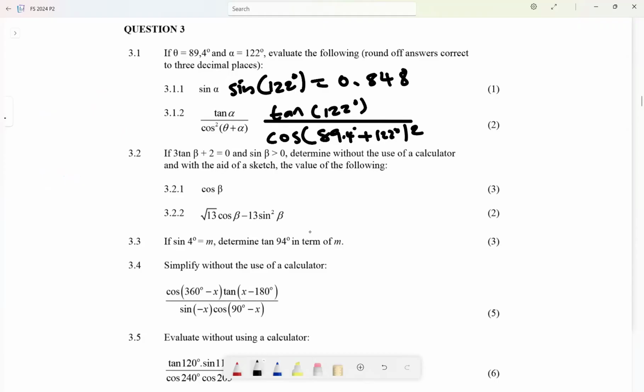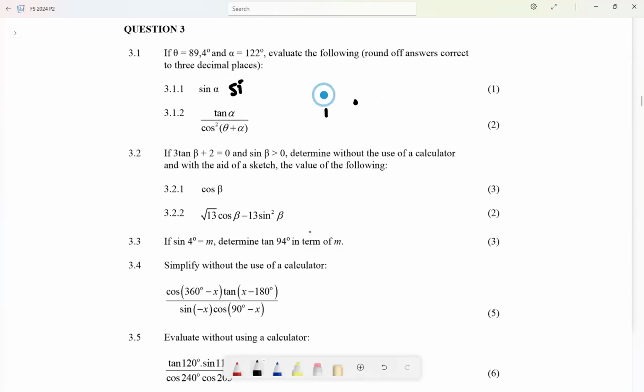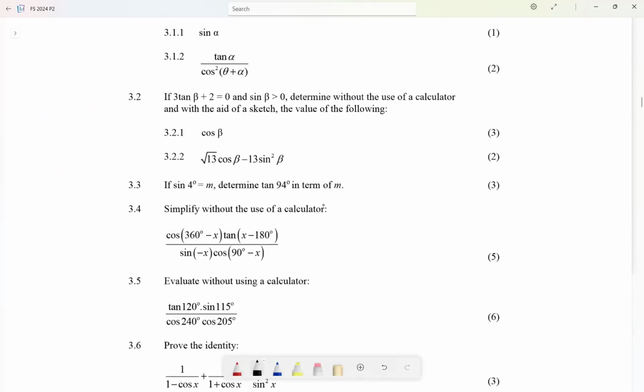You add them to get 89.4 plus 122. Then to 3 decimals, 1.875. Okay, yes, this one was straightforward. It was just a calculator skill. Okay, now the ones that I like.